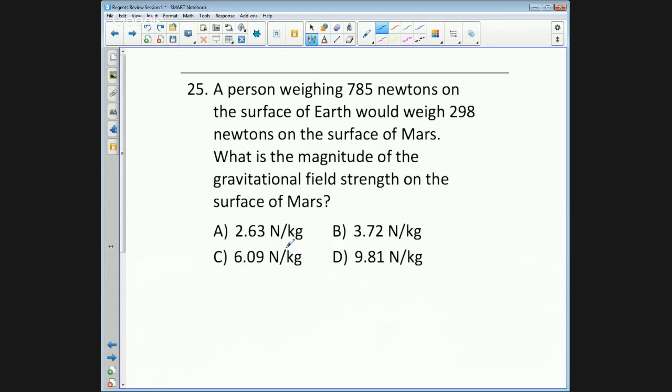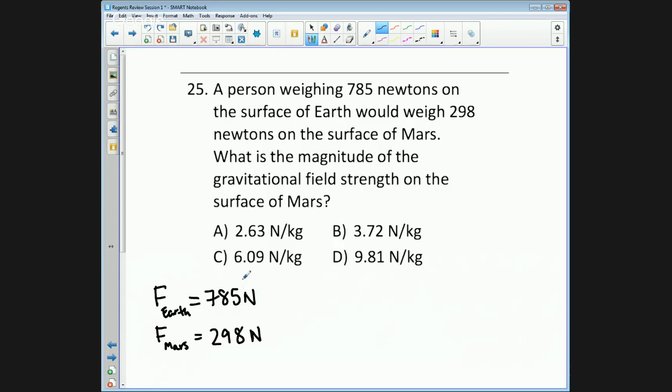25. A person weighing 785 newtons on the surface of Earth would weigh 298 newtons on the surface of Mars. What is the magnitude of the gravitational field strength on the surface of Mars? The force on Earth equals 785 newtons, but the force on Mars equals 298 newtons.